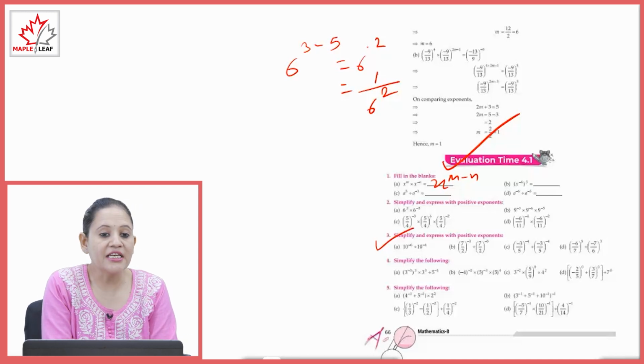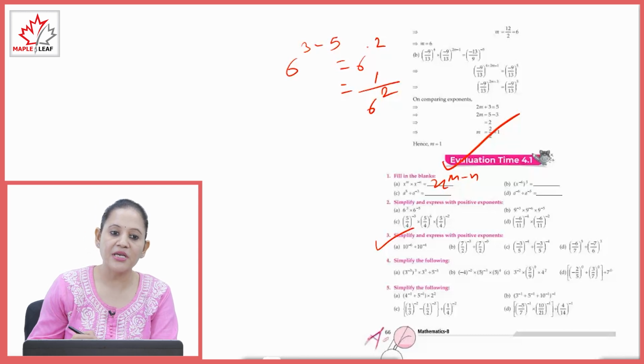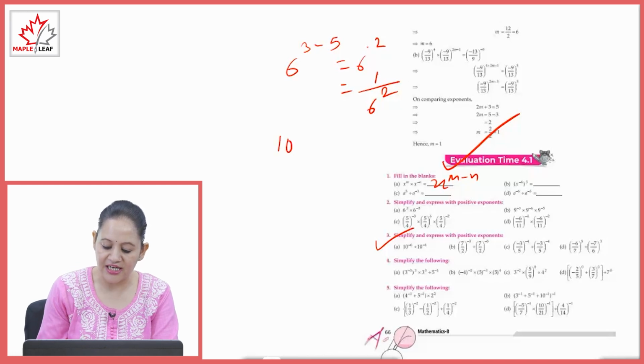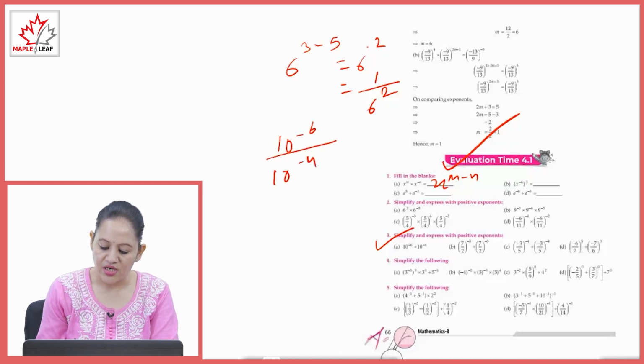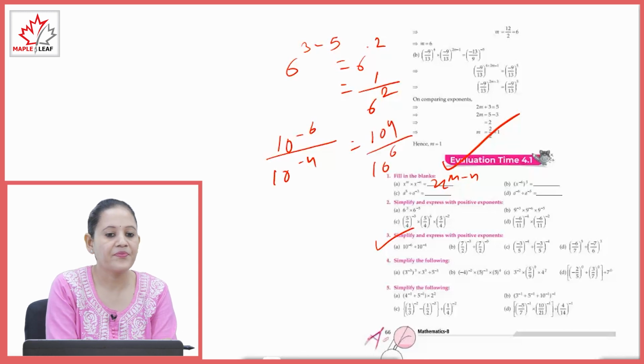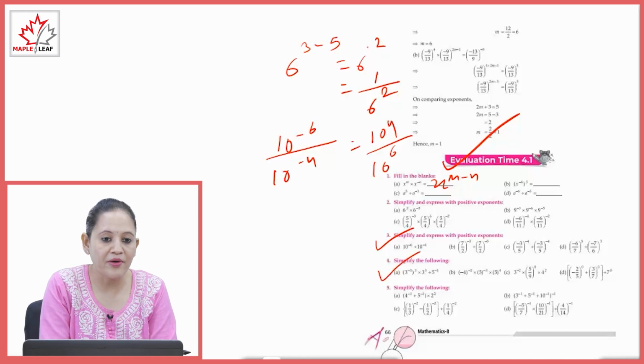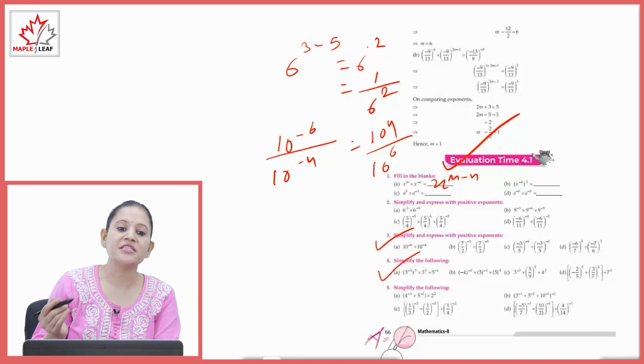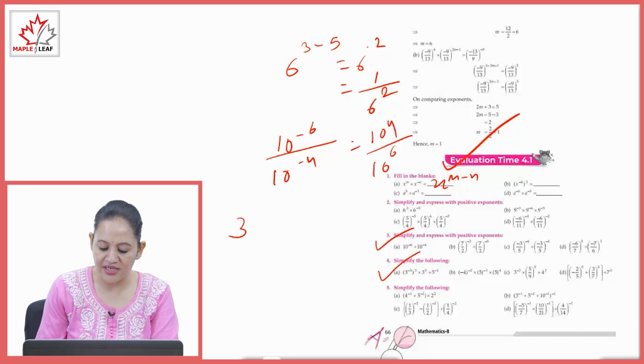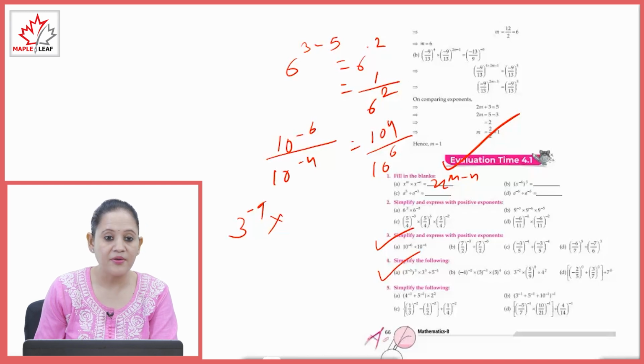Next, simplify and express with the positive exponent. 10^-6 divided by 10^-4. सो हम क्या करेंगे, विल राइट इट लाइक दिस 10^-6 upon 10^-4. नाउ व्हाट विल डू, 10^-4 को हम ऊपर ले जाएंगे एंड 10^-6 विल बी हियर. नेक्स्ट, सिंप्लीफाई द फॉलोइंग. (3^-3)^3 multiply with 3^0 divided by 5^-1. 3^-3 into 3 हो जाएगा 3^-9 multiply by 3^0 की जो वैल्यू है that is equals to 1 and divide में है 5^-1.